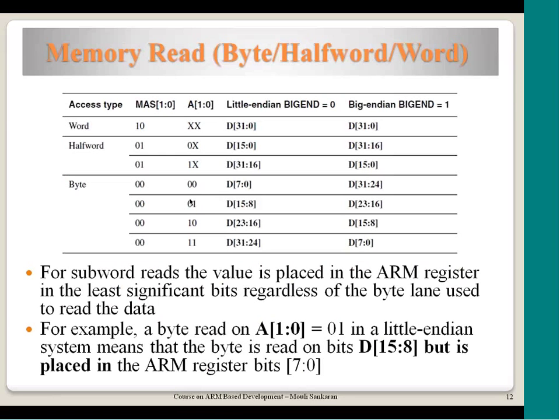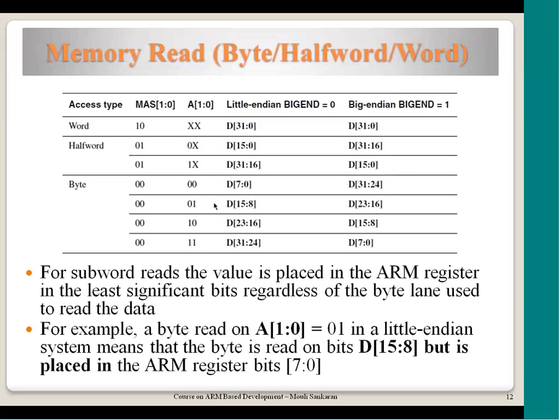So if the address shows 0 1, that means it's an odd byte which is read by the processor. Now you have to remember that based on little endian or big endian, this could be mapped to either one byte from the MSB, or the byte next to the LS byte.